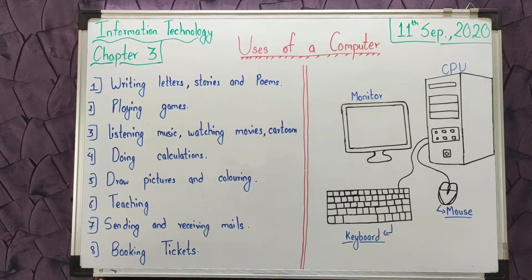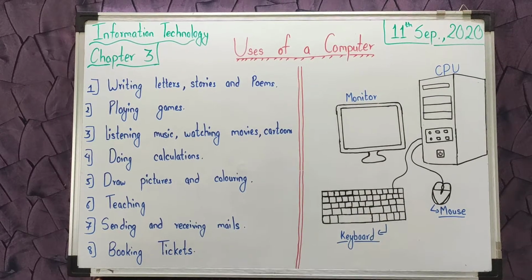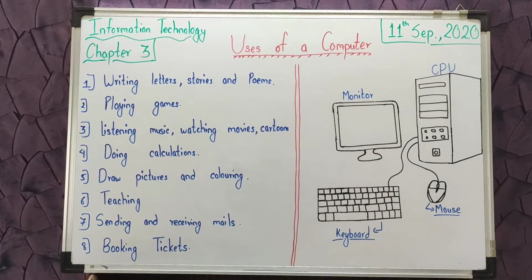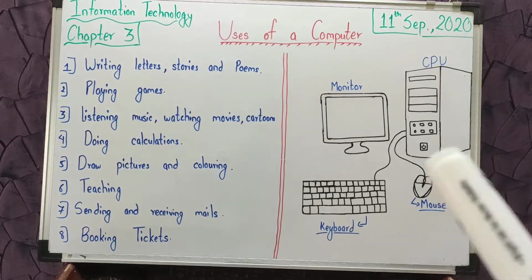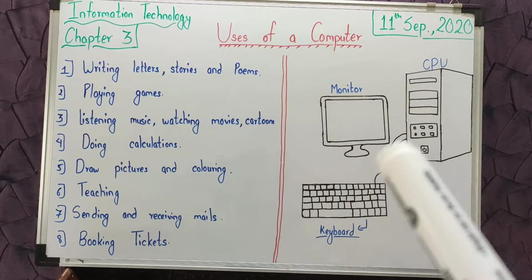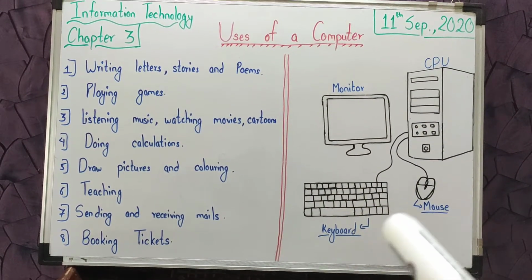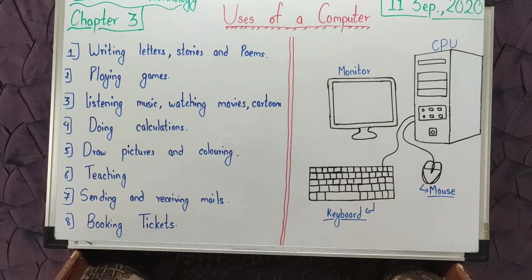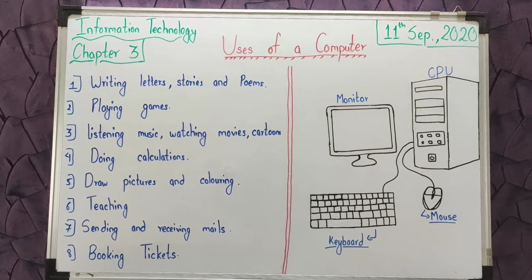So now let's talk about some parts of the computer. Do you all remember the main parts of the computer? As we can see in the picture, there is a monitor, right? It is a monitor. This is a CPU and this is a keyboard and it's a mouse. So these four are the main parts of the computer.